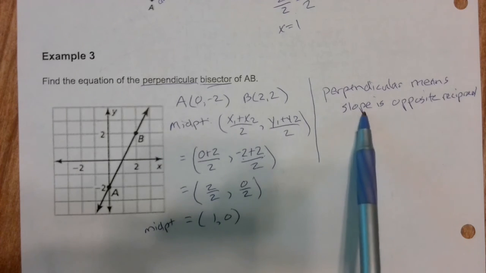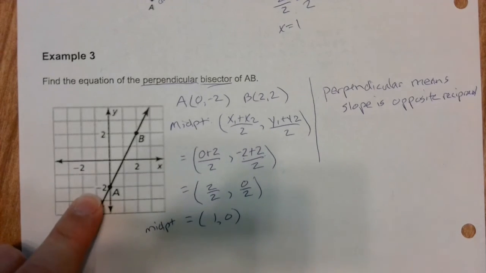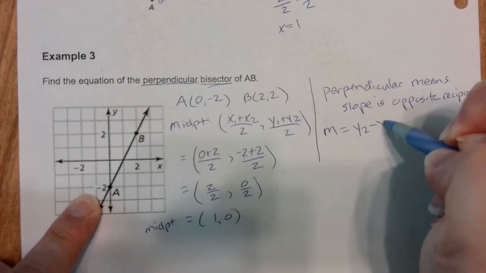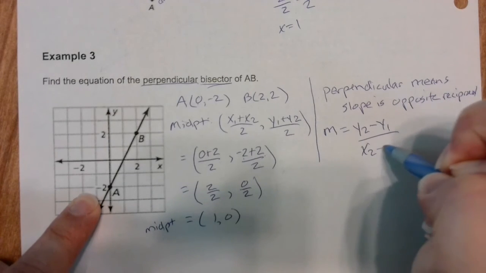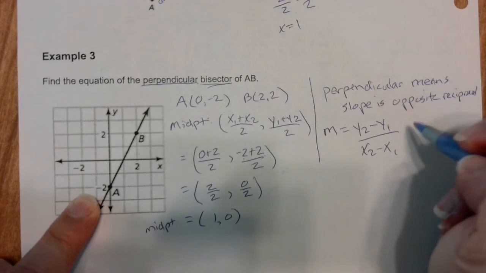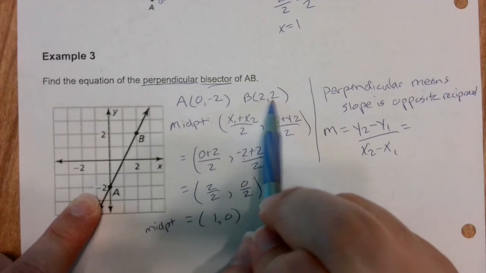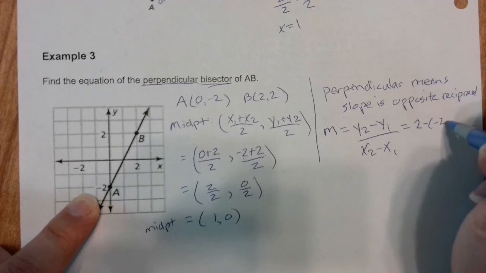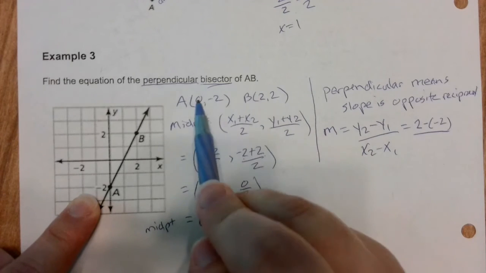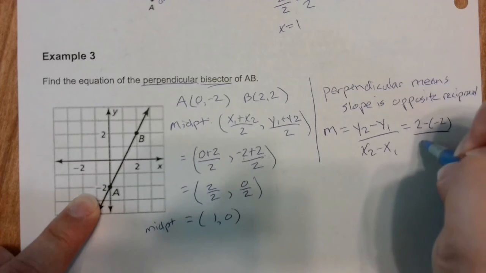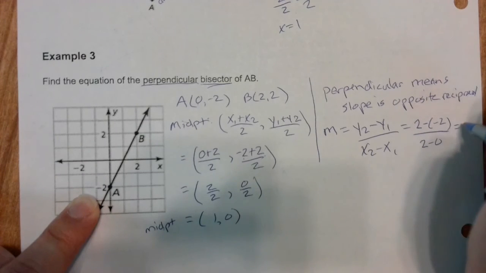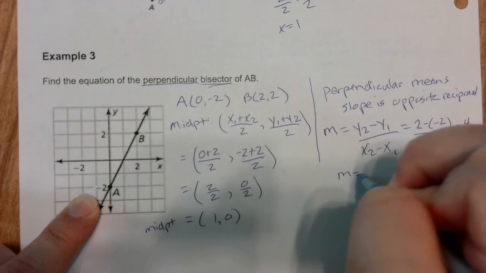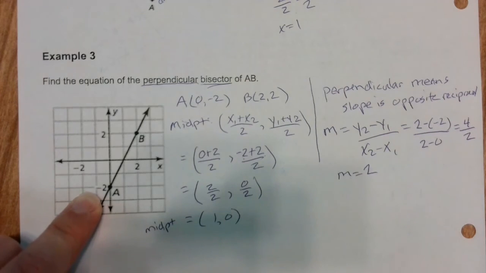The only issue is that we don't actually have the slope, so we need to calculate the slope. The slope formula is y2 minus y1 over x2 minus x1. So y2 minus y1, 2 minus negative 2 over x2 minus x1, 2 minus 0. 4 divided by 2, our slope is 2.